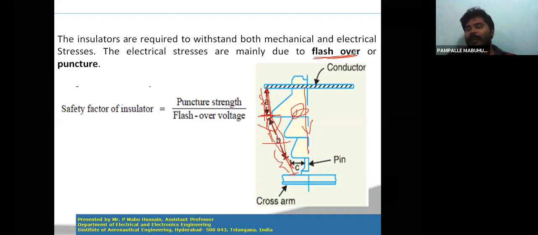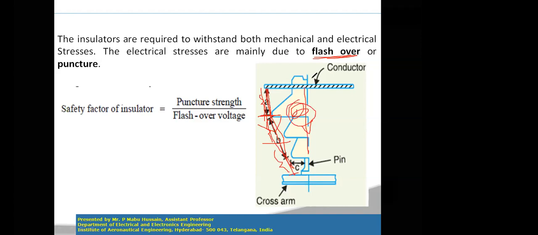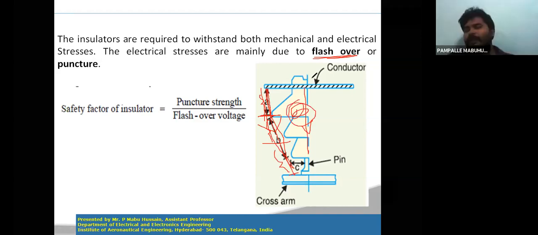Whenever flashover occurs, there may not always be a breakdown of the insulator. If the arc is unable to heat the insulator beyond its limit, then the insulator doesn't get damaged. When flashover occurs, the insulator may or may not be damaged.